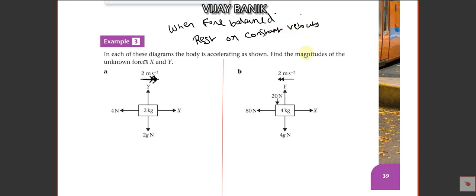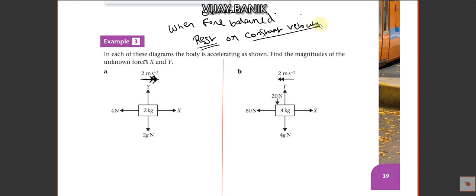If they say the body is in equilibrium, that means you have a balanced force, and your object is either at rest or moving at constant velocity.